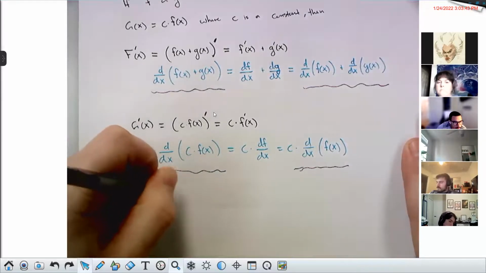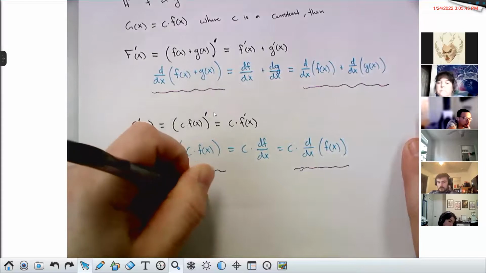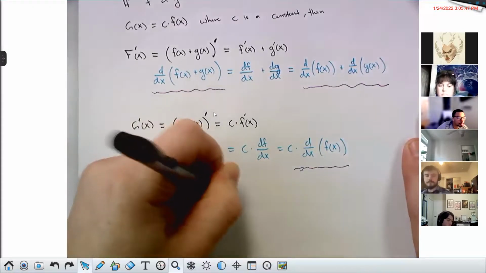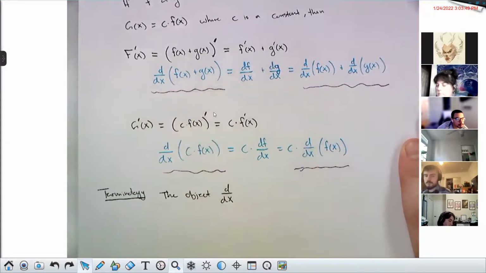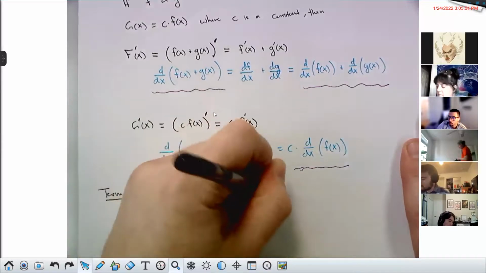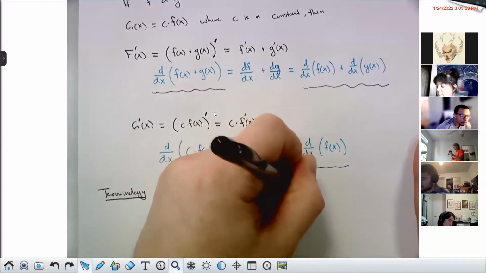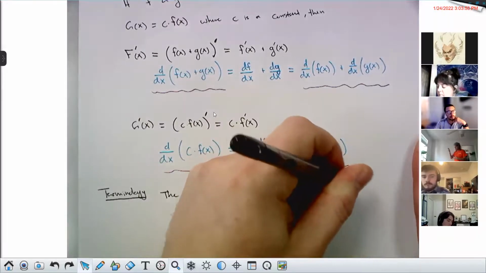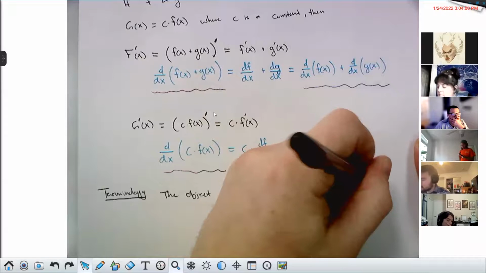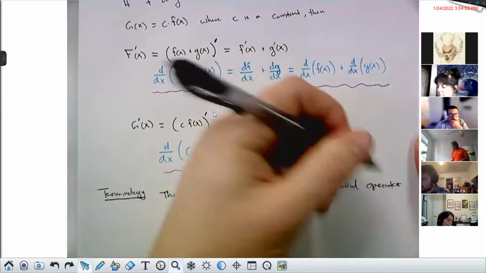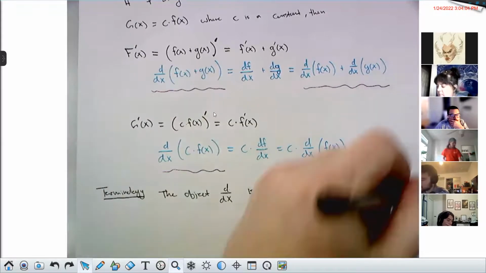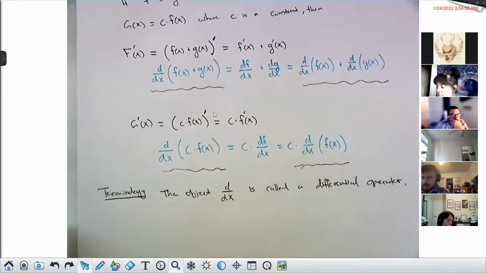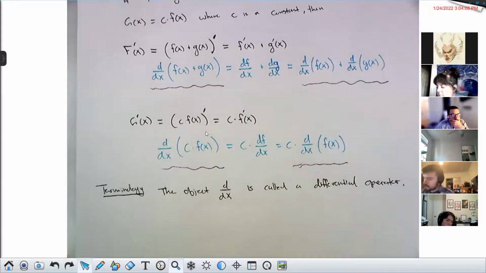The object d dx is called a differential operator. It's a function, but it's a function that takes in functions and spits out functions. And we call those operators.